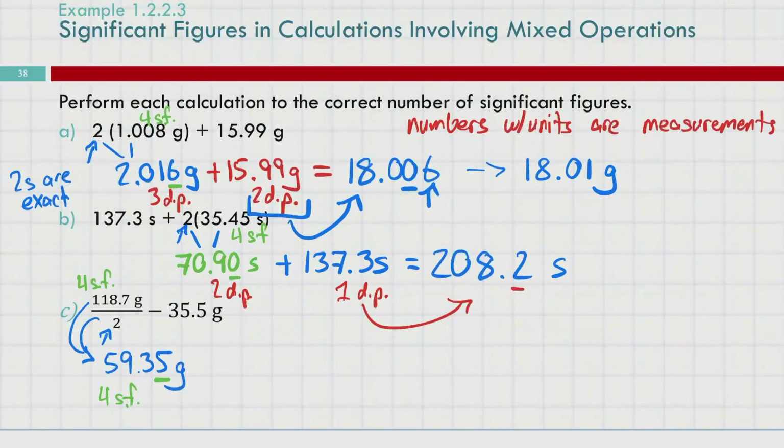And what do we care about when we switch to addition subtraction? Decimal places. So minus 35.5. We have 2 decimal places and 1 decimal place, the smaller of the 2 being 1 decimal place.